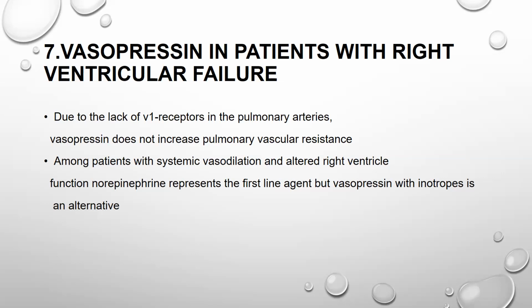So you try to use a substance that will either vasodilate the pulmonary vasculature, such as milrinone, or an agent that can help with low systemic vascular resistance but will not touch the pulmonary vascular resistance, such as vasopressin. Among patients with systemic vasodilatation and altered right ventricle function, norepinephrine represents the first line agent, but vasopressin with an inotrope is another alternative.